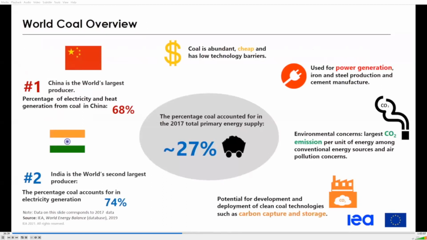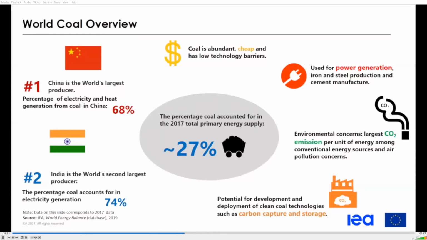And those two countries use a large part of coal because of its abundance, cheap cost, and low technology barriers that allow a quick generation of electricity and support for industrial activities, such as iron and steel production and cement manufacturing, for example.